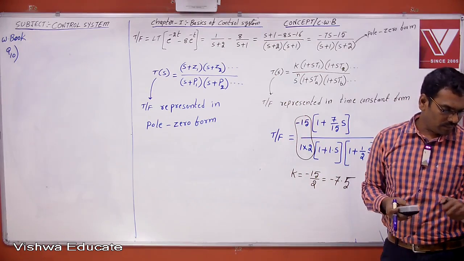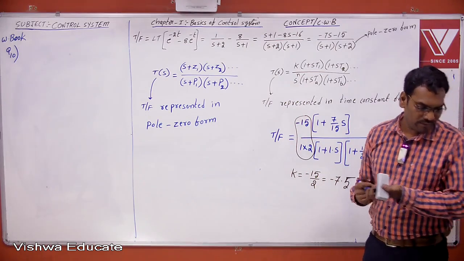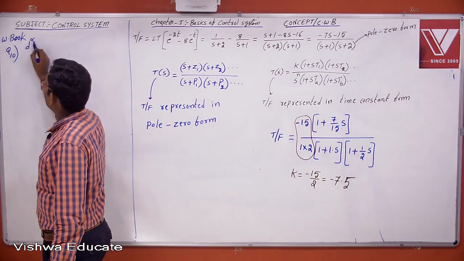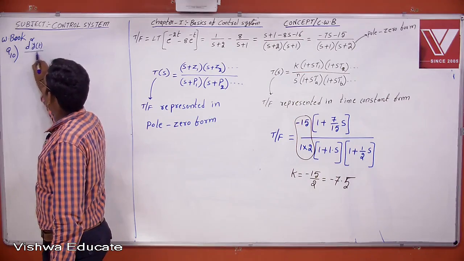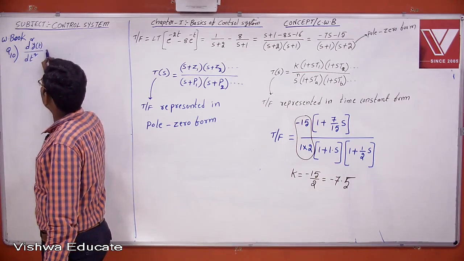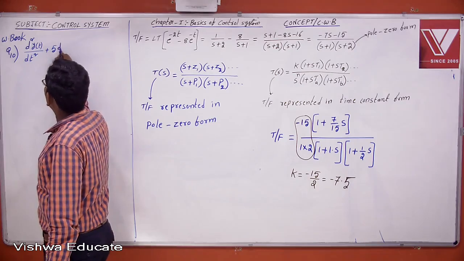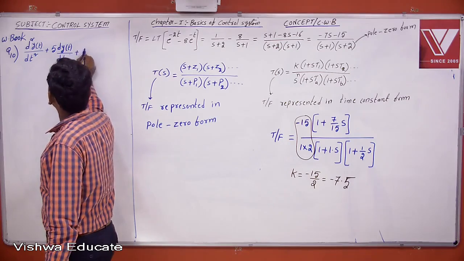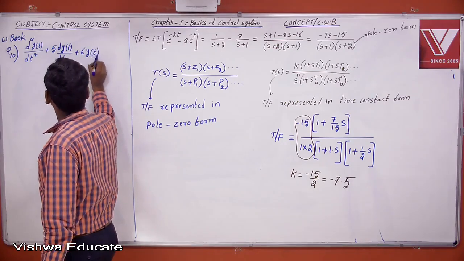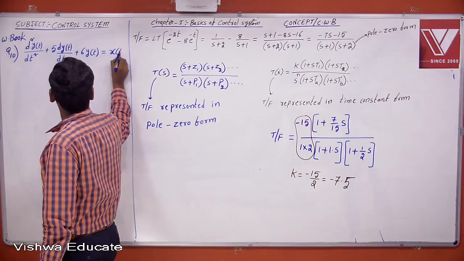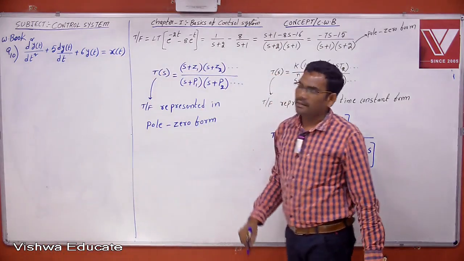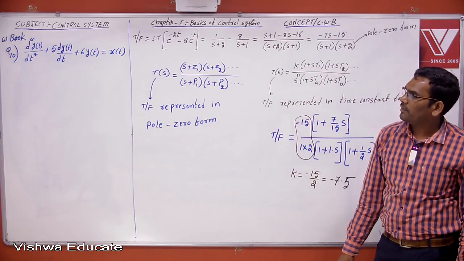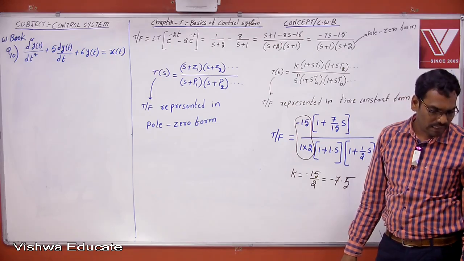A control system is described by the differential equation d square y of t by dt square plus 5 into dy of t by dt plus 6 into y of t, which is equal to x of t.